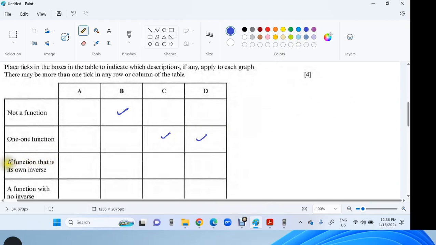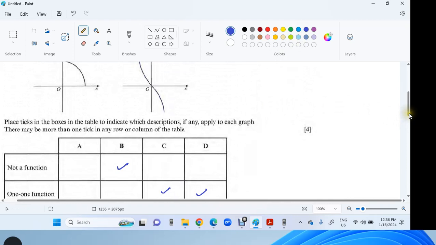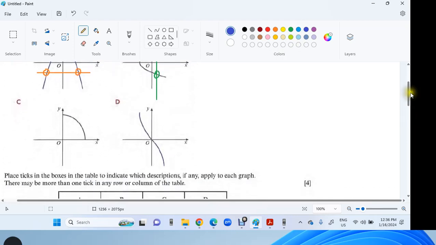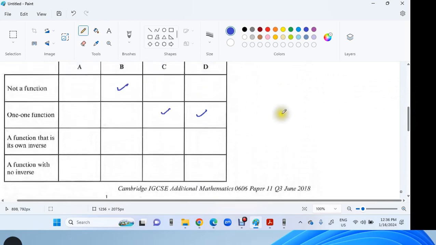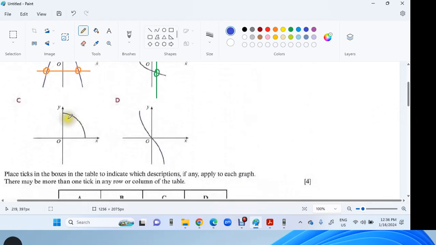So a function that is its own inverse, the function that is its own inverse is C only. Okay, it is a function that is also the inverse of itself, because we know that the inverse is the reflection in the line y equal to x.